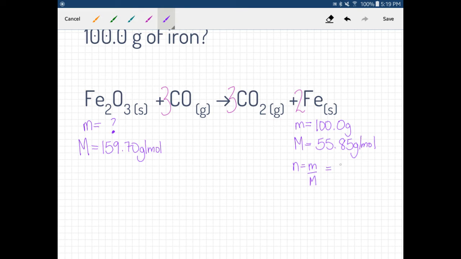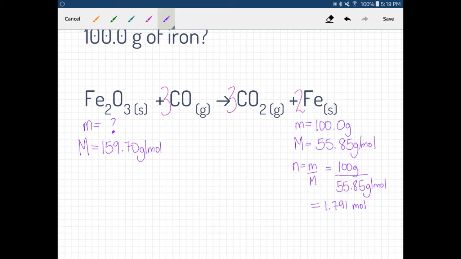So when we solve for this, I have 100 grams divided by my molar mass of 55.85. When I have 100 divided by 55.85, it equals 1.791 moles. So this is how many moles I have of my iron.